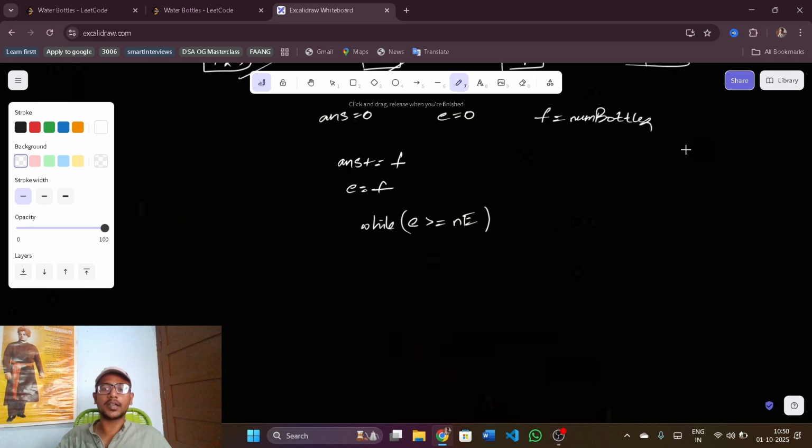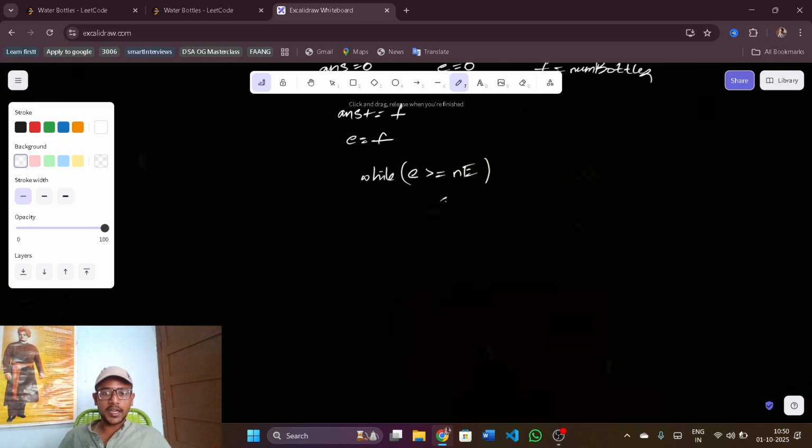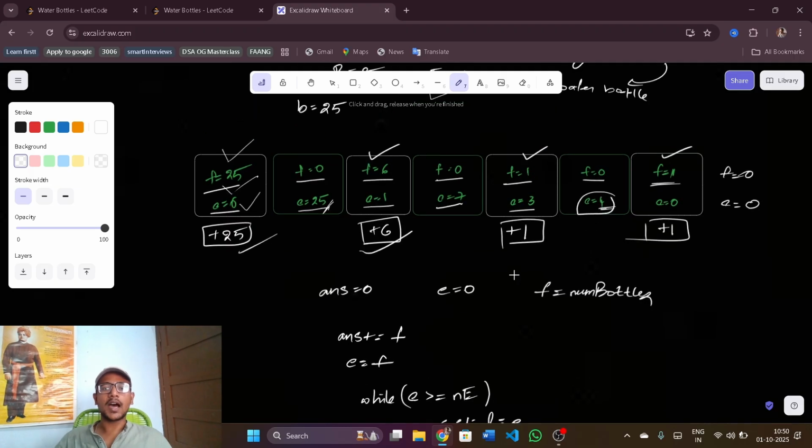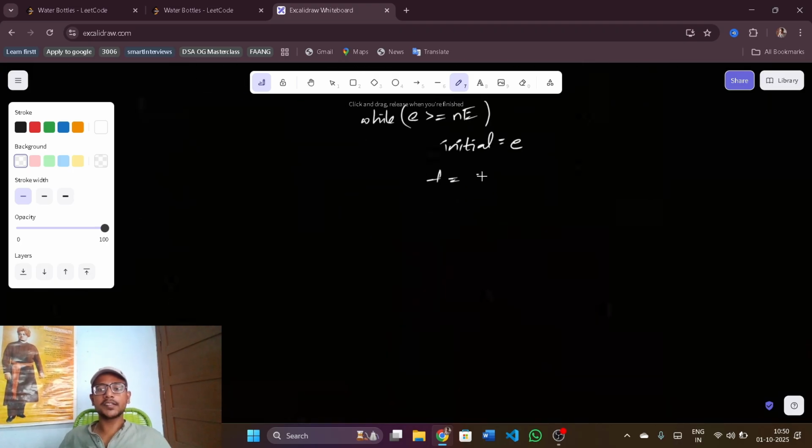So first thing, initially I am having E number of empty water bottles. After that, F is equal to how many filled, that is 25 by 4, which is 6 here. So filled is nothing but E by NE.